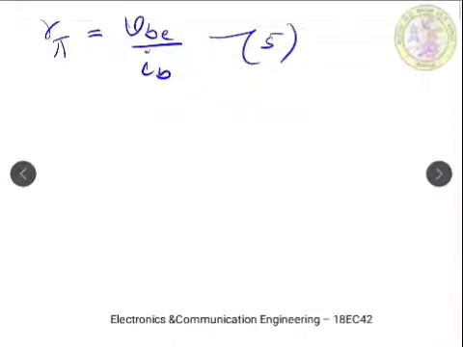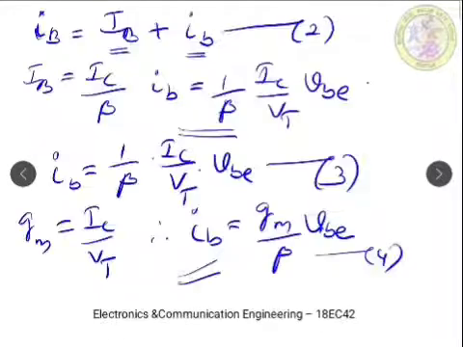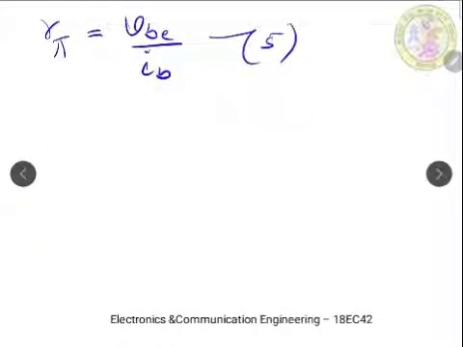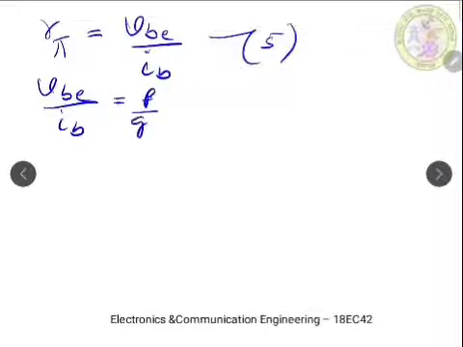Already we have some relations between beta, gm, vBE and ib. From the previous equation 4, we have ib equal to gm by beta into vBE. Just rearranging the terms, vBE by ib is nothing but beta by gm.